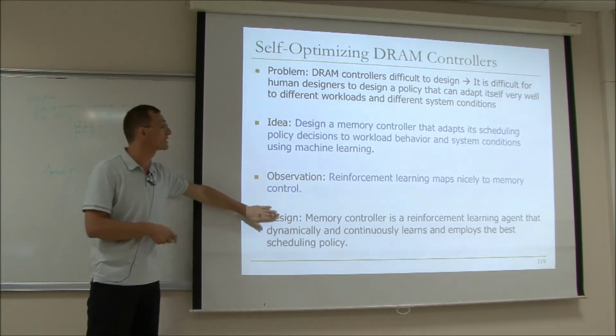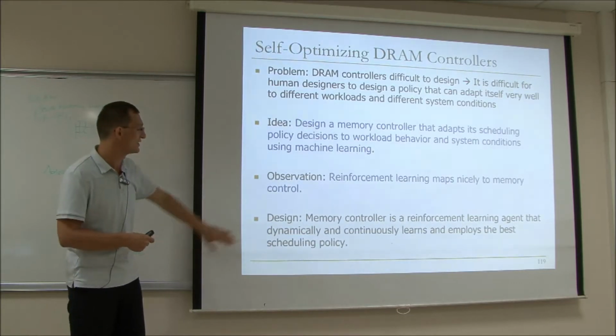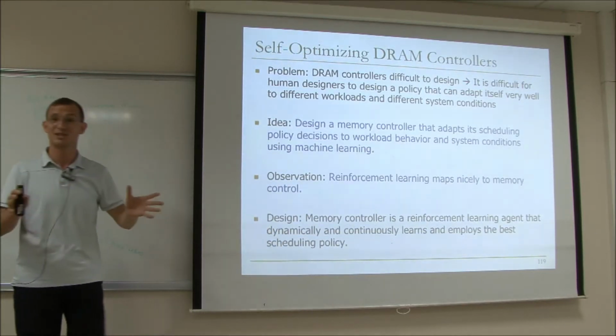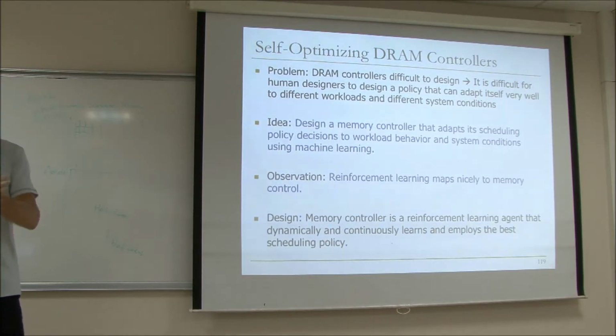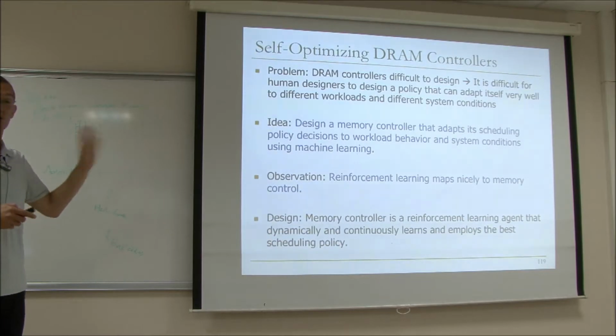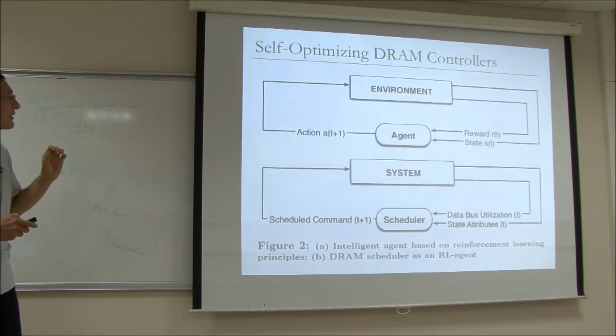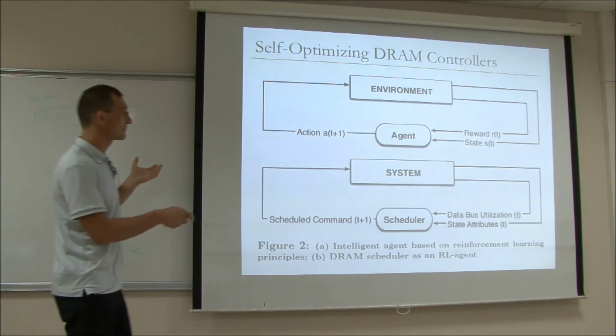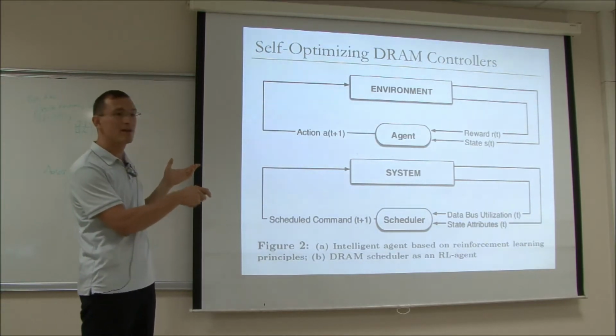Basically, we treated the memory controller as a reinforcement learning agent that dynamically and continuously learns and employs the best scheduling policy. I will not go into detail because there's a lot to cover in reinforcement learning here. I'll point you to the paper. But this is actually a very promising direction going forward, I think. Basically, if you look at reinforcement learning, what happens is you have an agent that interacts with the environment.